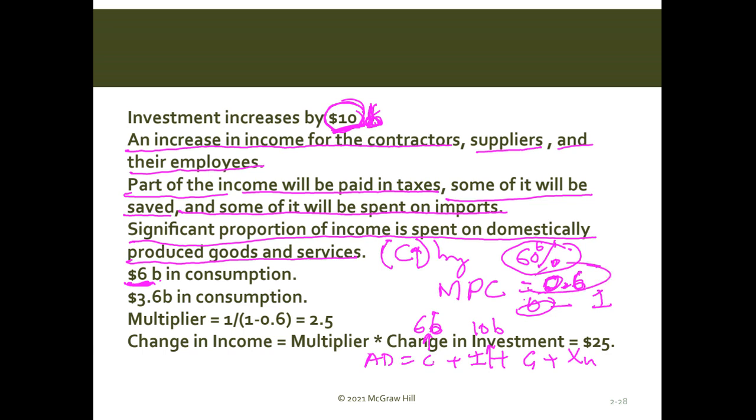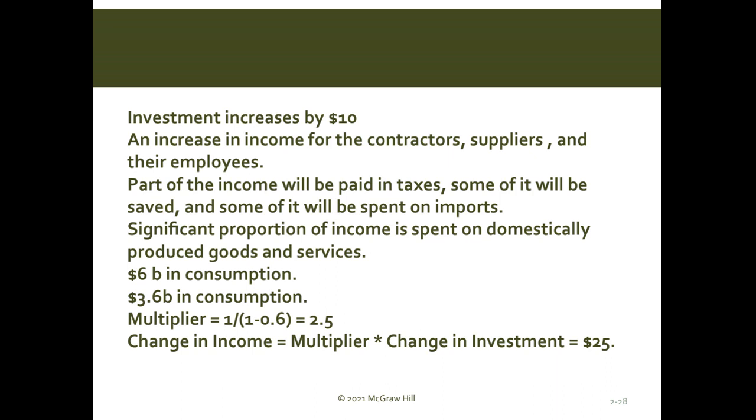So you have 3.6 billion in consumption. So consumption will further increase by 3.6 billion dollars. Okay, so let me erase this and finalize what I'm trying to say. So see actually what is happening. This is aggregate demand, which is C plus I plus G plus Xn.